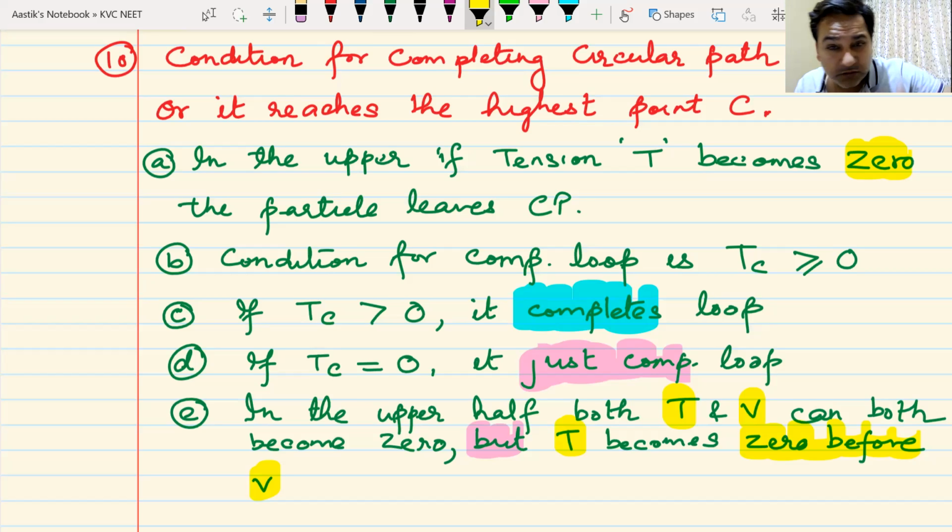T cannot win in the lower half. Both of them win when the speed is root 2 GL. But as soon as the speed becomes more than root 2 GL, speed cannot become zero first. It's the tension that always becomes zero first.